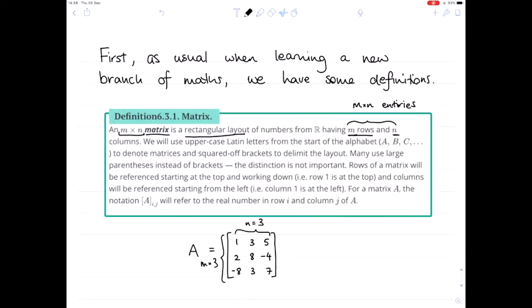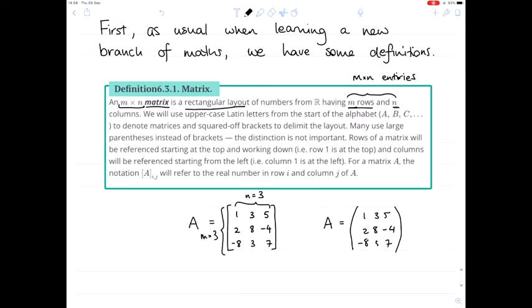But m and n don't have to be the same. Sometimes people use large round brackets instead of these square ones, so I could equally well have written it like this. We don't really distinguish between the two, it's really just a matter of convention.